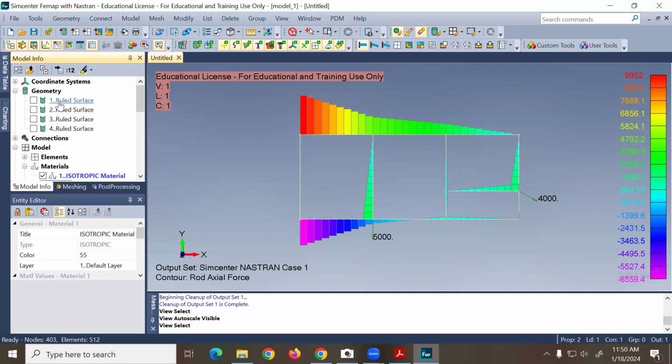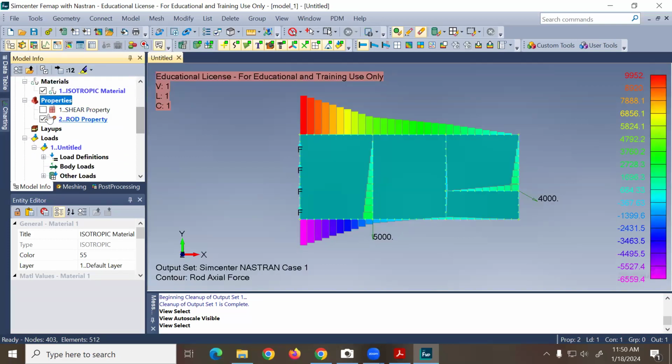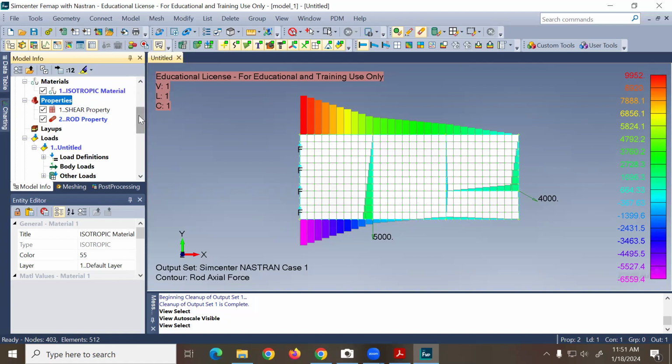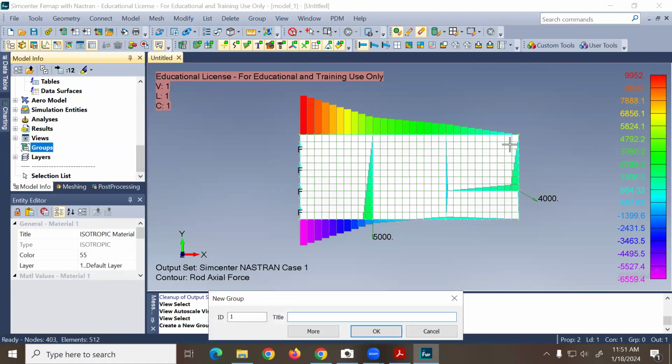Okay. Now do you want me to show you a little trick to visualize this a little bit better? I'm just going to do it for one. So you can go here to groups. Let's do the top flange. You can create a group just for the top flange.